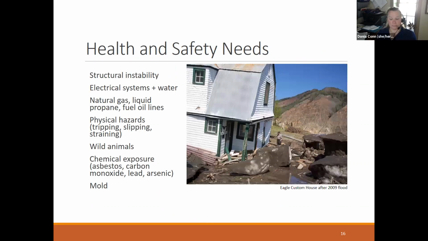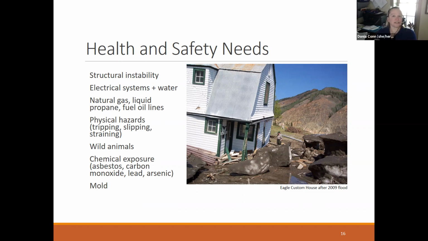So of course, thinking about our strategic priorities, one of the most important things to be looking at in your damage assessment are the health and safety needs. So you've already taken the steps to make sure that you are safe doing the damage assessment. Everybody's wearing sturdy boots, you know, hard hats, goggles, masks, all the fun stuff, because you need to do it to be safe.